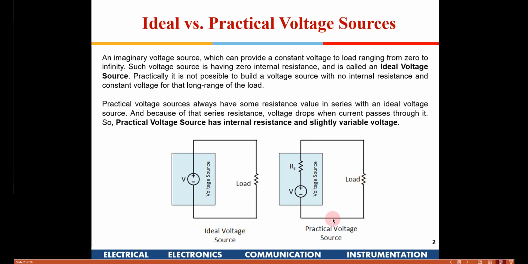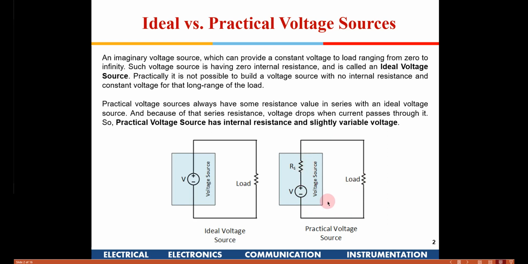You will get almost the whole voltage available across the terminal. Suppose I have a low load resistance, say I have 1 ohm here, and I'm connecting a 1 ohm load. Then the terminal voltage gets divided by half, right? Because the current is going to flow through this source resistance also, so there will be an IR drop across this resistance also.